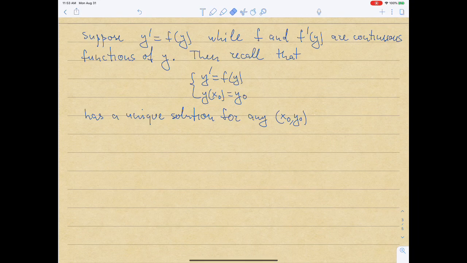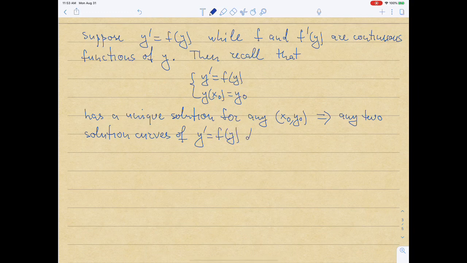And the consequence from that, which we also discussed before: if any initial value problem has a unique solution, then any two solution curves of my ODE y prime equal to f of y cannot intersect.